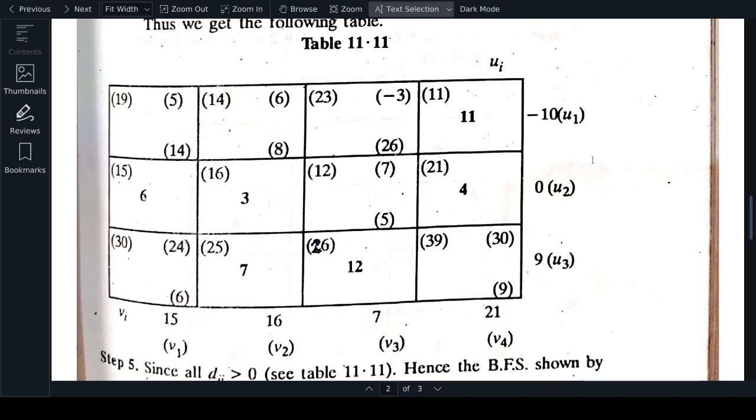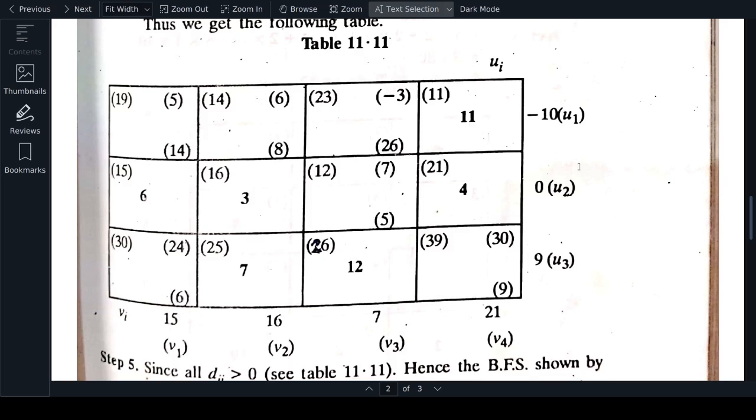You can write directly this table. After calculating U1, U2, U3, V1, V2, V3, V4, you write the table directly. So how to write the table directly? You see, here you write the same table.